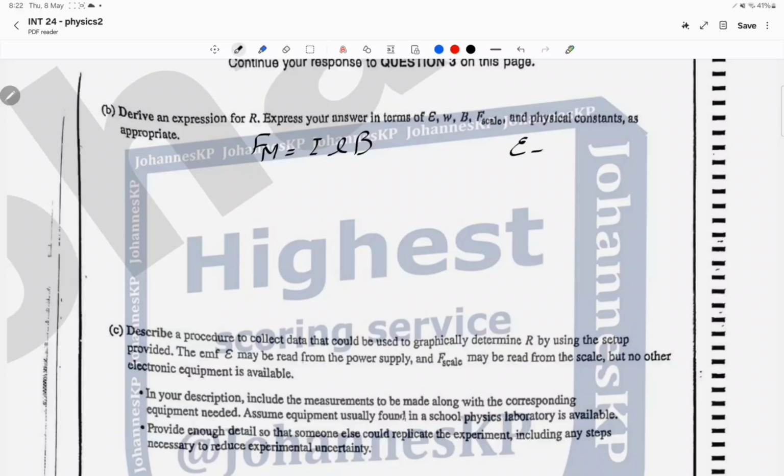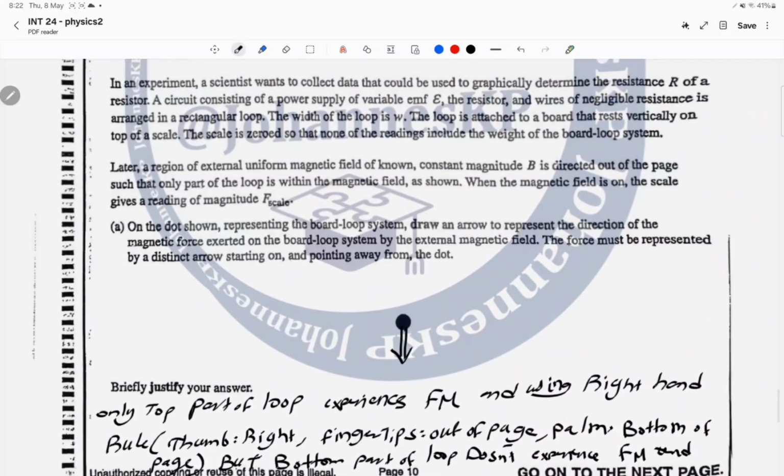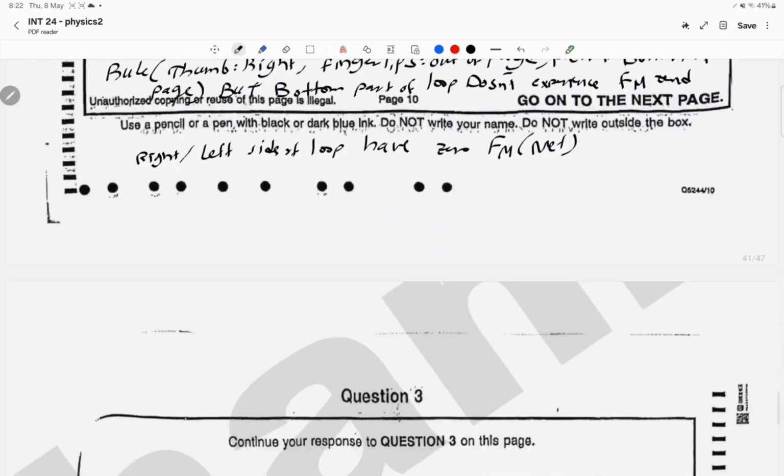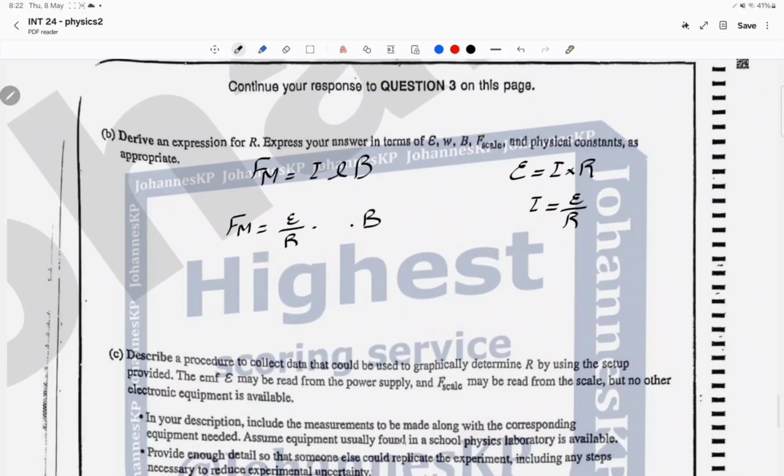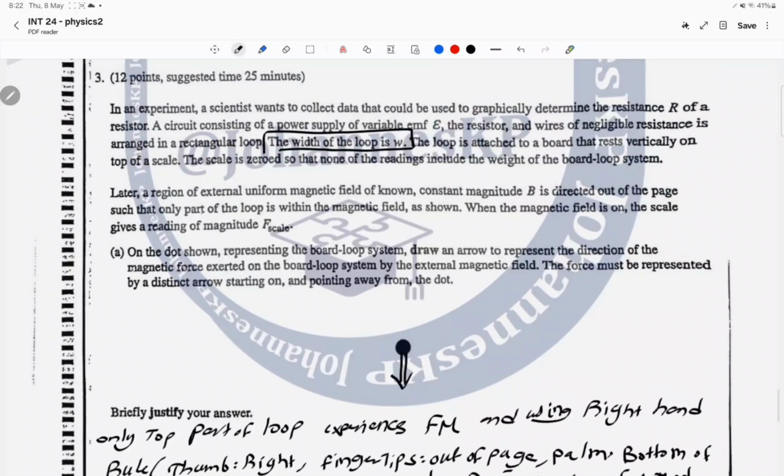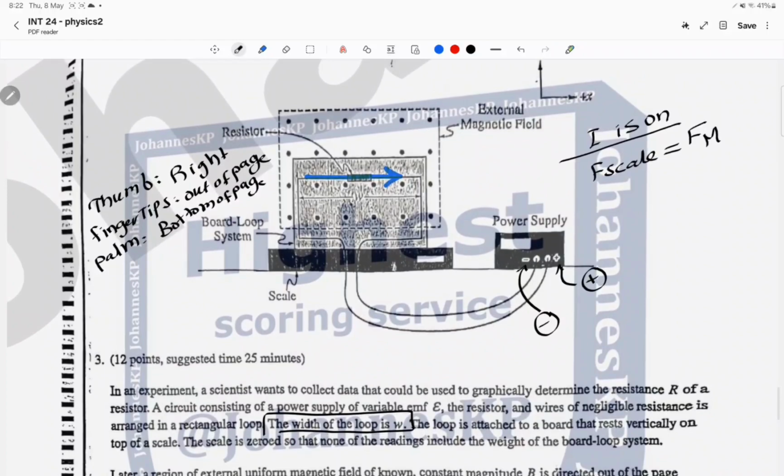Now EMF is equal to I times R. So I is equal to EMF over R. So F magnetic is equal to EMF over R times L times B. Now, here they said that the width of the loop is W. That means we have to replace L with W. And also, we said earlier that the F scale was equal to F magnetic.